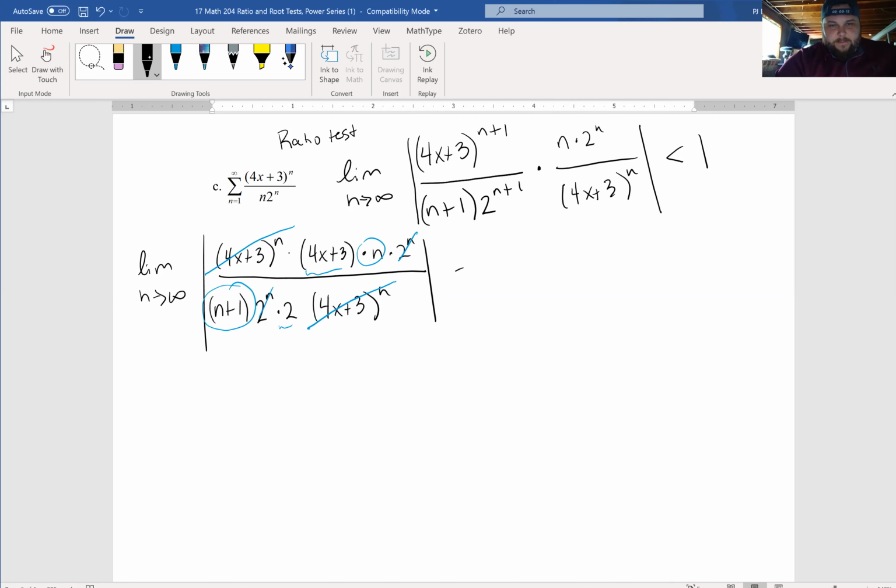So I've got limit as n approaches infinity, n over n plus 1. And then I've got 4x plus 3 all over 2. Still all must be less than 1.